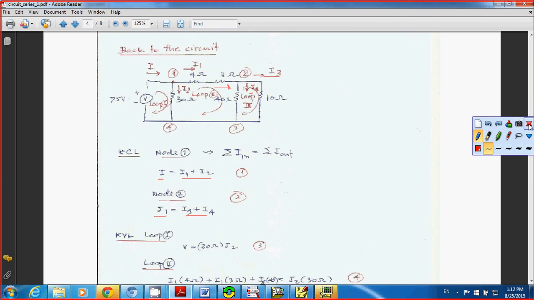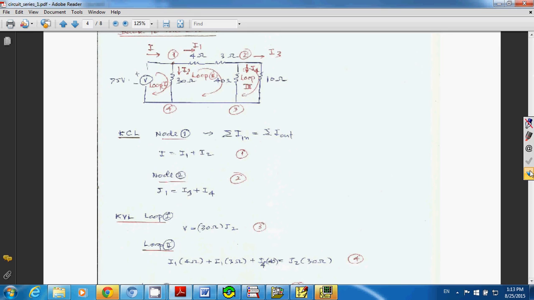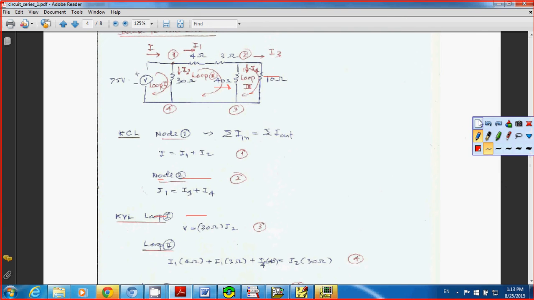Now consider applying KVL. Take a look at loop number 1. Right here you have V equal to 30 ohms multiplied by the current flowing through it, which is I2. In loop number 2, if you specify the current direction like this, I1 is flowing clockwise.